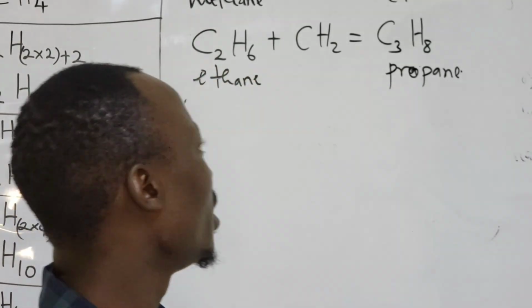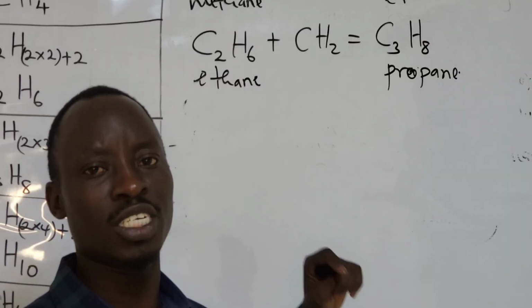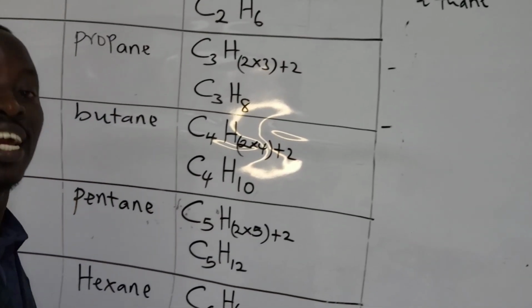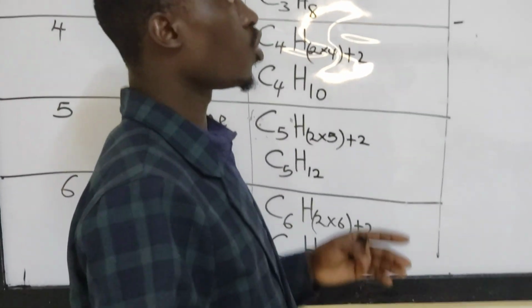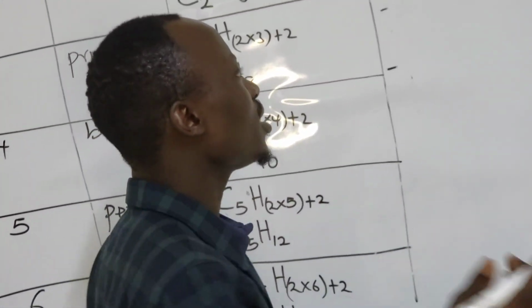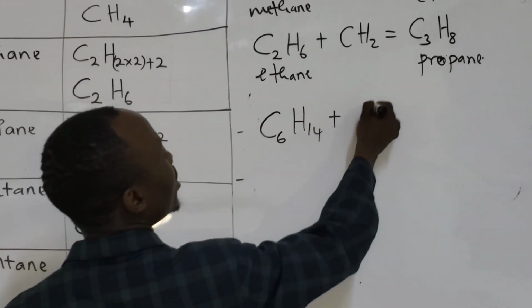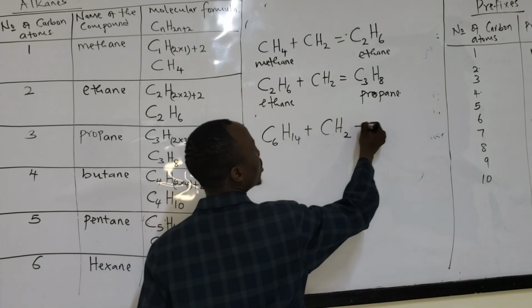If you notice that they differ from each other by a CH2 group, mine has reached the 6th carbon atom, on hexane, but you can make your own. To get the next one, it's easy. Just get my hexane, which is C6H14 plus CH2. What shall we form?